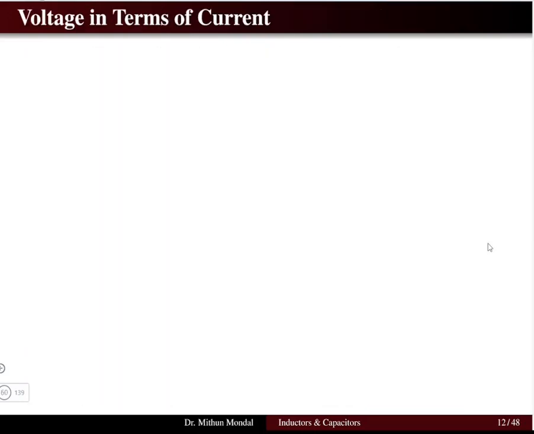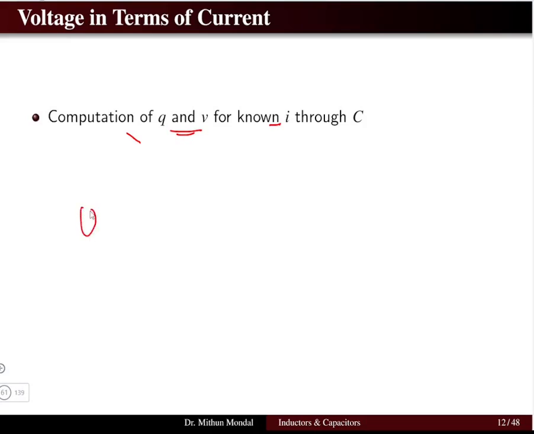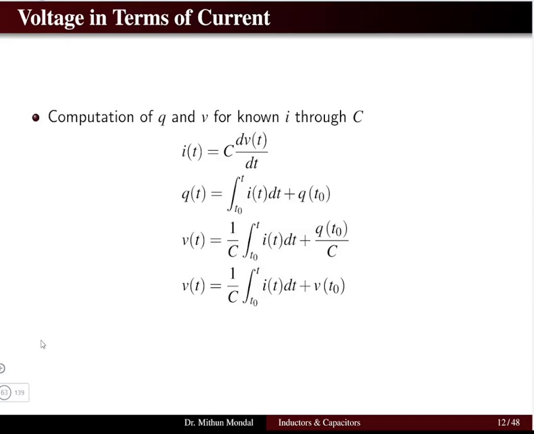So we'll discuss the voltage in terms of current now. Now, computation of charge and voltage for a known current. First, we went from voltage to current. Now if we know the current, what is the corresponding voltage and charge? That we are going to study for the capacitor. Let us see the equation.